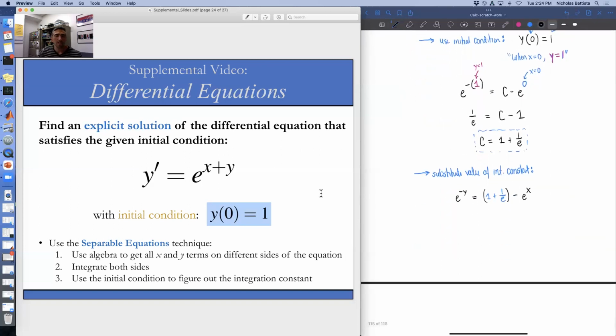So the last thing we're told to do in this problem is look for an explicit solution of this differential equation. Right now, we have an implicit solution in which we've used the initial condition, so we have a functional relationship between y and x. But an explicit solution would be when we have y as a function of x.